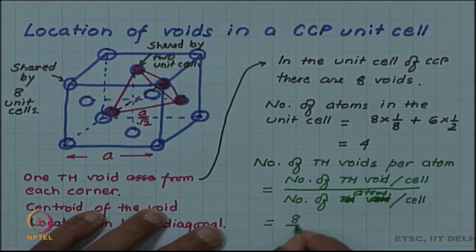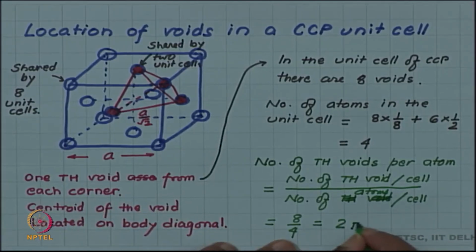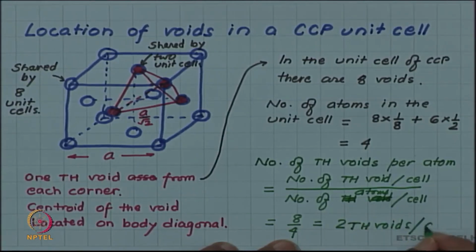This is 8, this is 4. So, you get a nice number 2. So, there are 2 tetrahedral voids per atom.